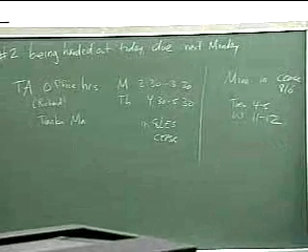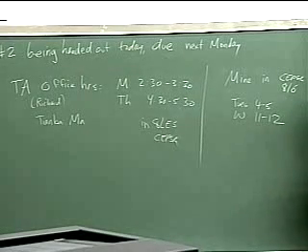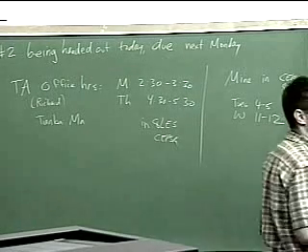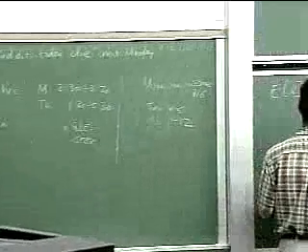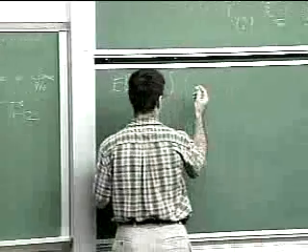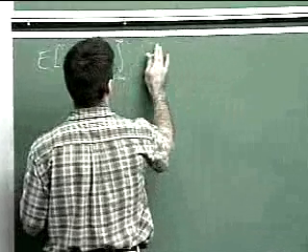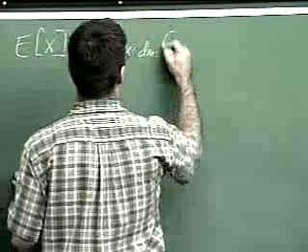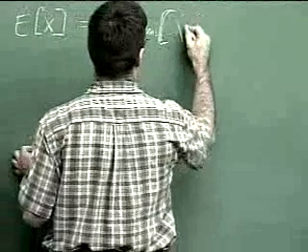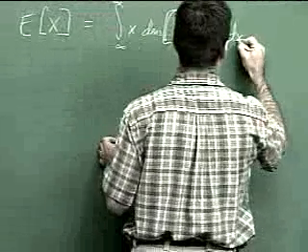Back to density functions and continuous probability. So now we can talk about the expected value of a continuous random variable. That's going to be the integral from minus infinity to infinity of x times the density that X equals x, dx.